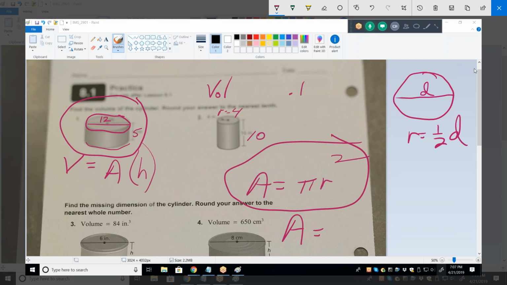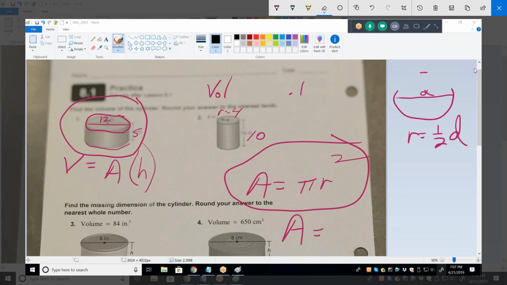One of the most fundamental principles in all of mathematics. Because R is the key thing to know, not the diameter. Very few formulas are based on the diameter. Everything is based on the radius. So when they give you the diameter, you got to be able to figure out the radius. Okay.